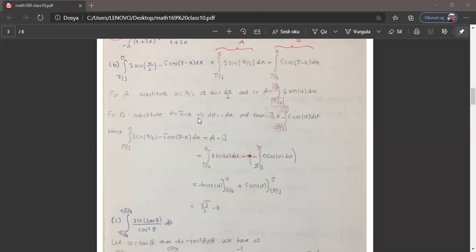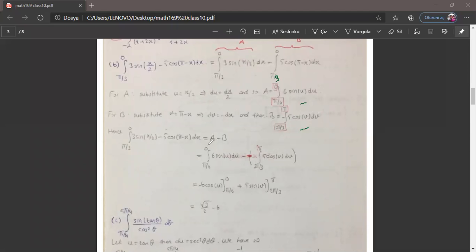Sorry, I made a mistake there, it's pi over 3, right? Here we have pi over 3, it should be pi over 3. So if we plug pi over 3, we get v equals 2 pi over 3. And if we plug 0, we get pi, okay? This part was pi over 2, which is not correct. It should be pi over 3. So here we have b and a.